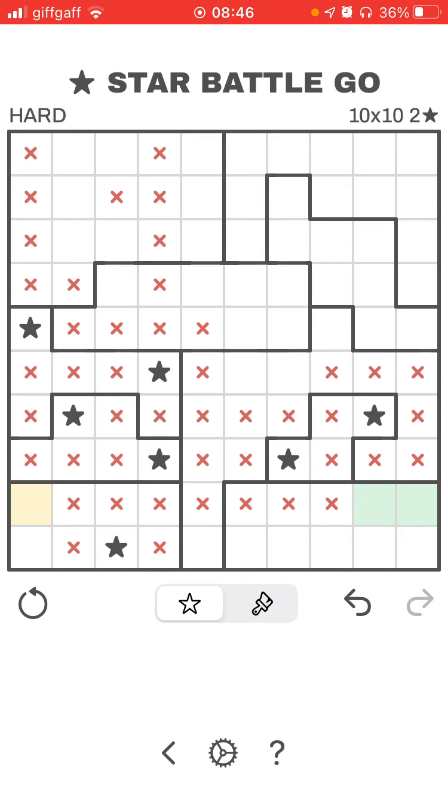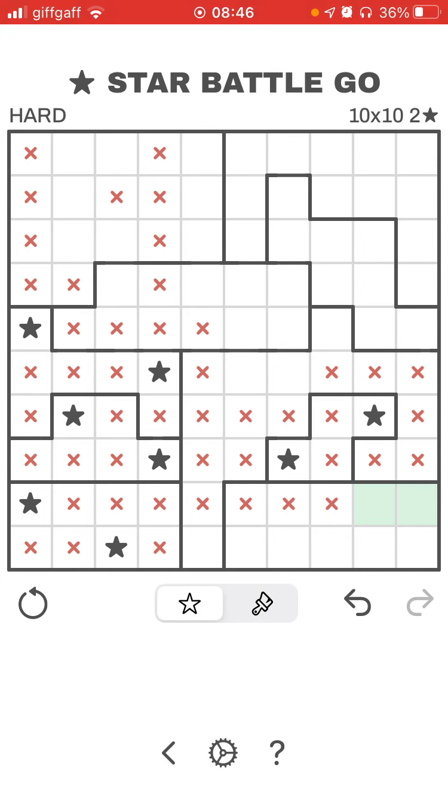So whichever one we put the star in, in the green region, it eliminates the other part of the green region as an option to put the second star in. So we know that there has to be a star in the left-hand side. That's where the second star goes.